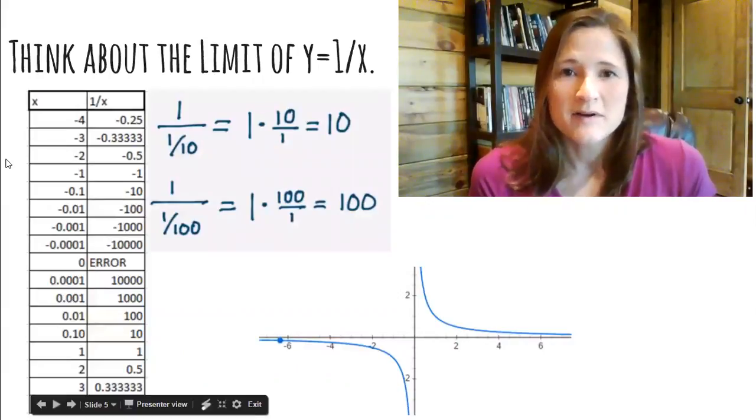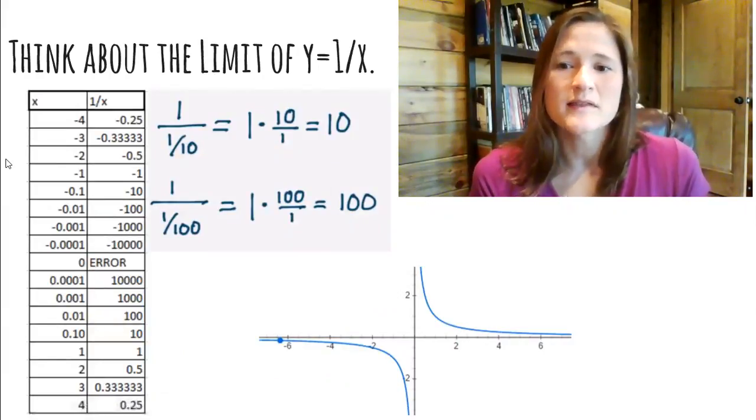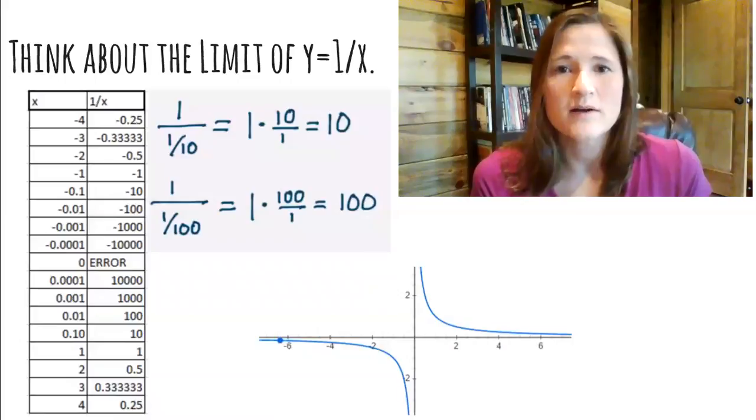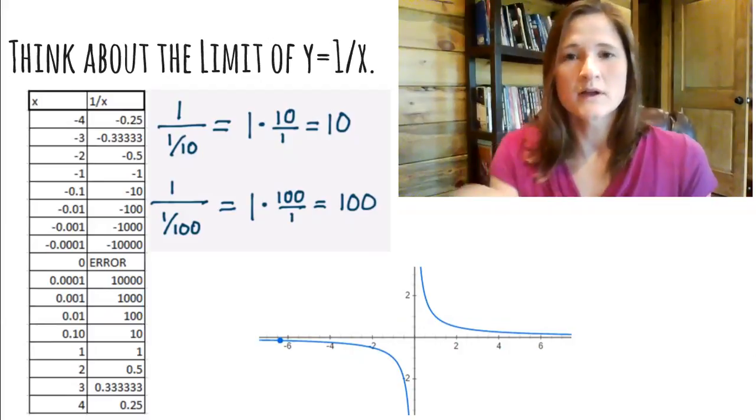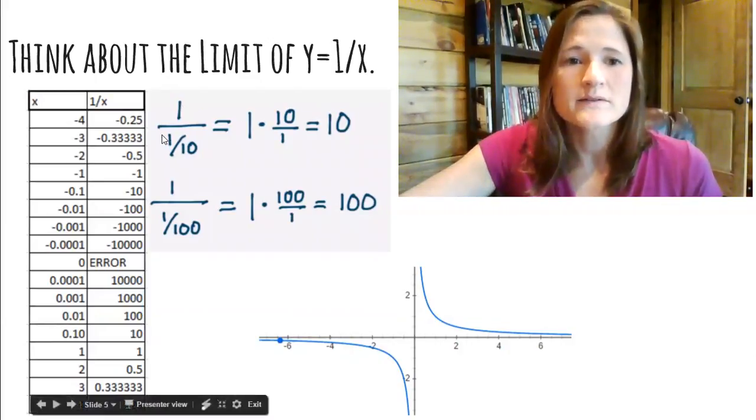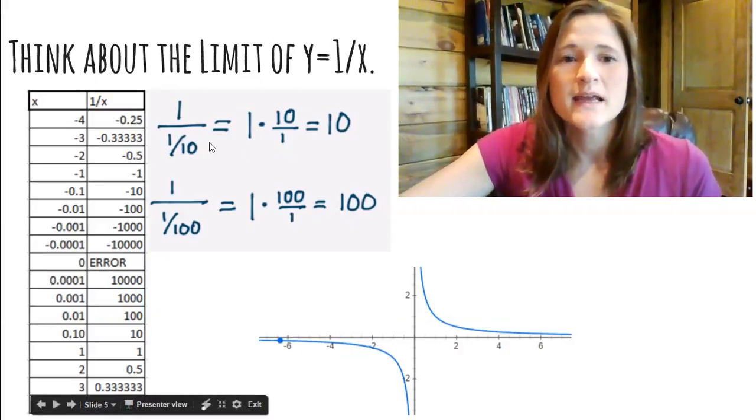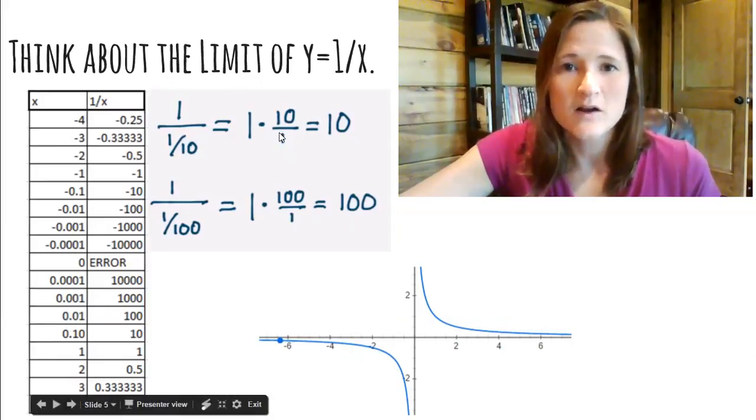Now let's take this up a notch and think about the limit as x approaches 0 of the function 1 over x. First, think about what happens when you divide by a fraction. Dividing by a fraction is the same as multiplying by the reciprocal. So 1 divided by 1/10 is the same thing as 1 times 10 over 1, which is 10.